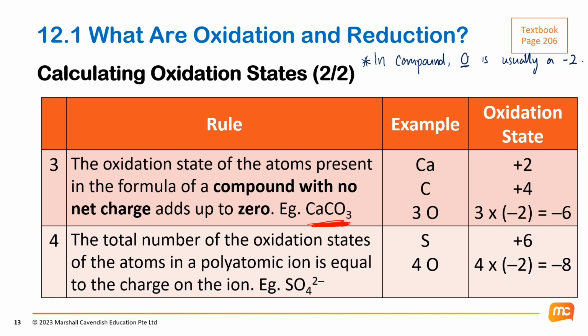The other small rule is that in a compound, hydrogen is usually a +1. So I said usually because there will be some exceptions that you'll realize in questions to come, right? But for now, this should be okay, right? So in a compound, oxygen is usually a -2. In a compound, hydrogen is usually a +1.